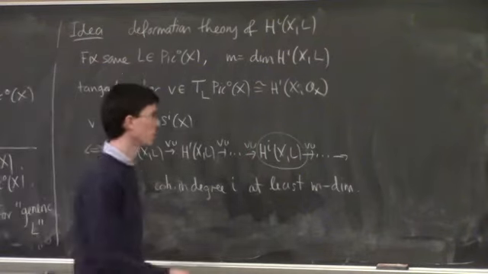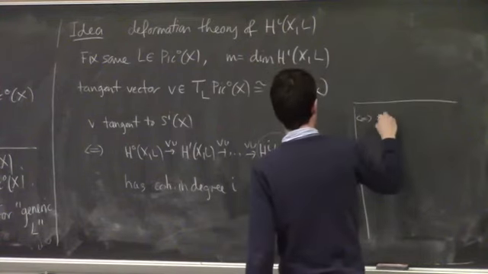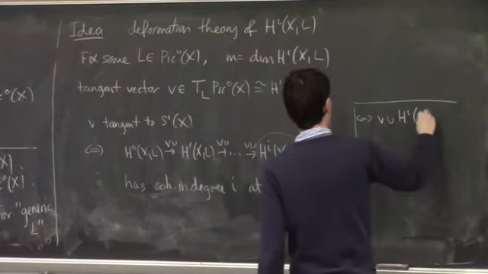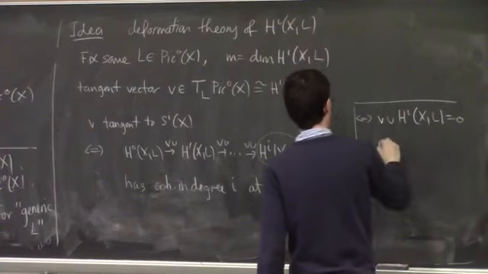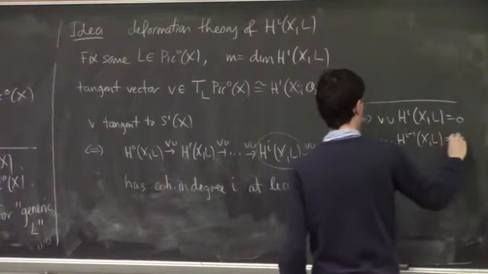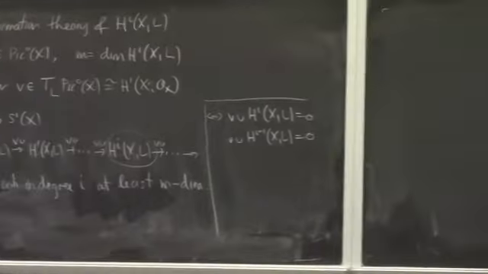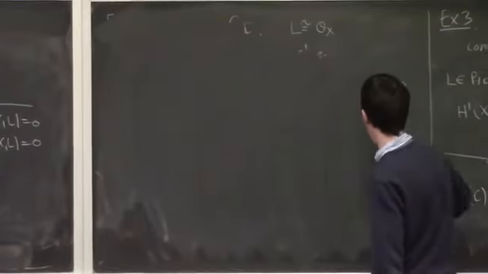Okay? So it was equivalent to saying that V cup with H^i of X, L is 0 and V cup H^(i-1) is 0.